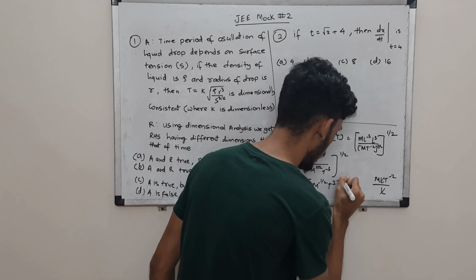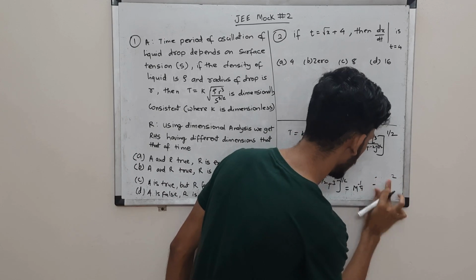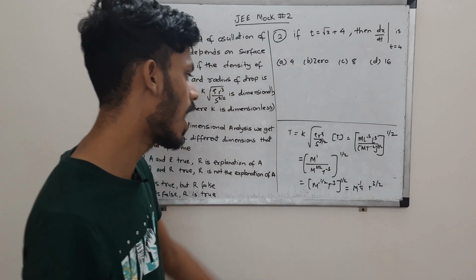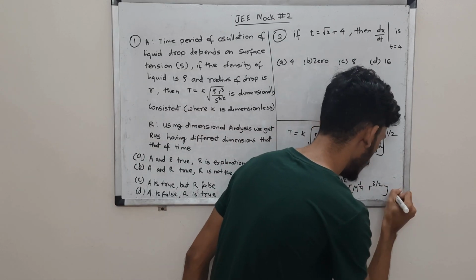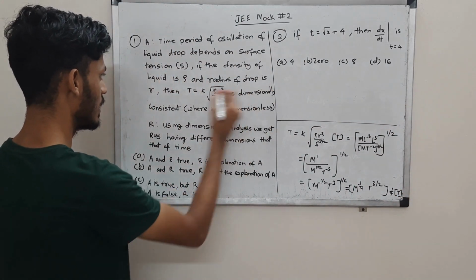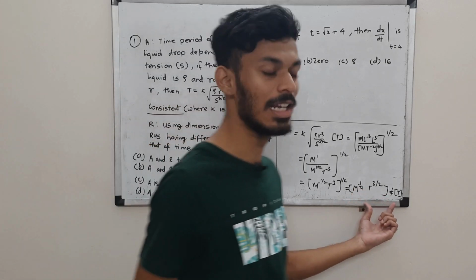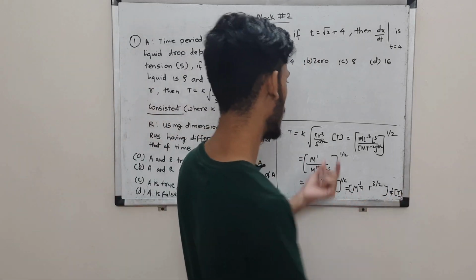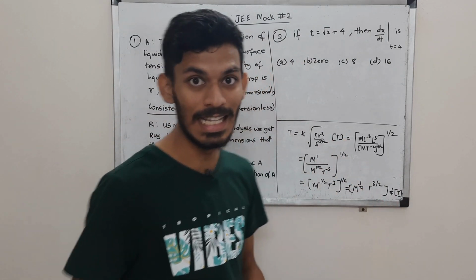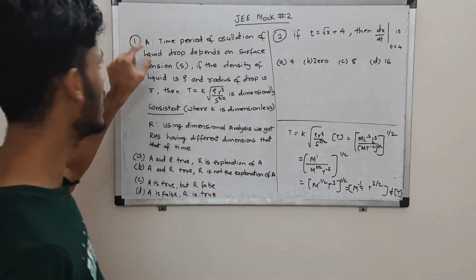Now if you solve this, we'll get M to the power minus 1/4 and T to the power 3 by 2. So if you see, these are not equal to the dimensions of time, which means that your A is incorrect. It says that this relation is dimensionally consistent, whereas it is not. The dimensions on the left hand side, which are the dimensions of time, are not equal to the dimensions on the right hand side. So this equation is not dimensionally consistent, which means A is false.